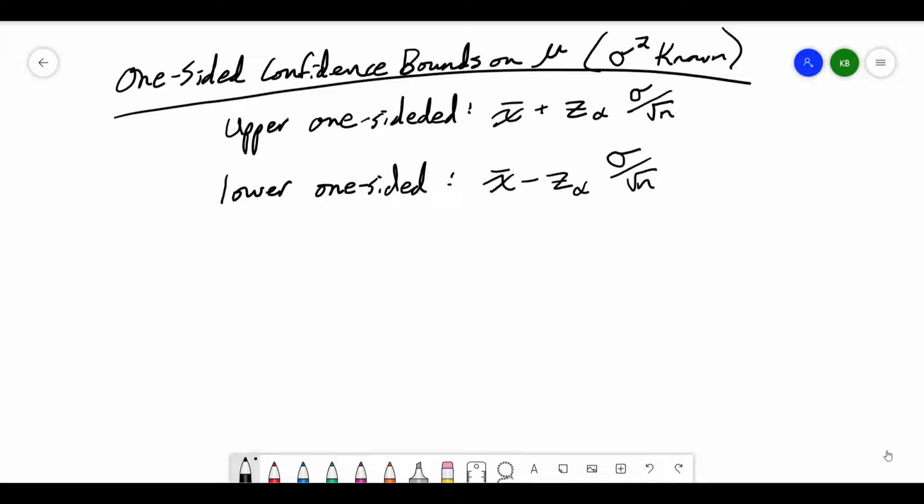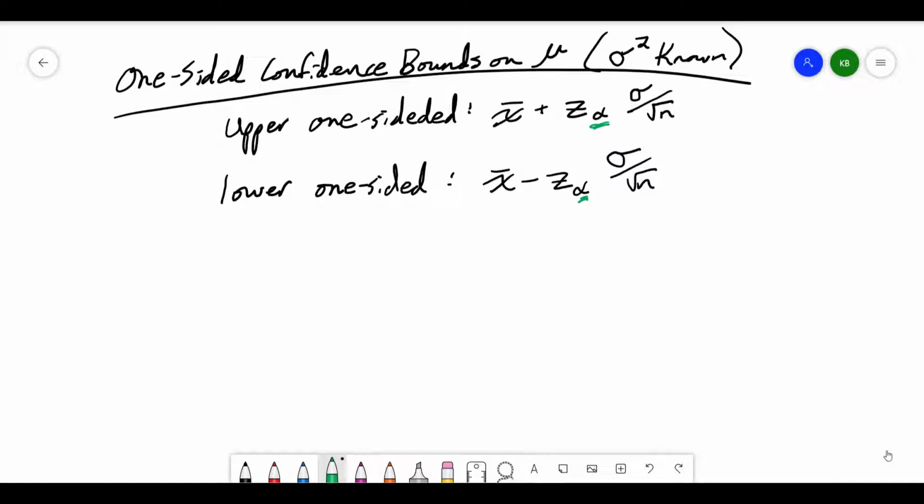Now, there are many times, especially in engineering, where we really only care about one-sided confidence intervals. We want to be sure that something's not going to break, but if it's a little bit stronger than we need it to be, then it's not a big deal. So when we need just one-sided confidence bounds, then instead of using alpha divided by 2, we use alpha for our z's.